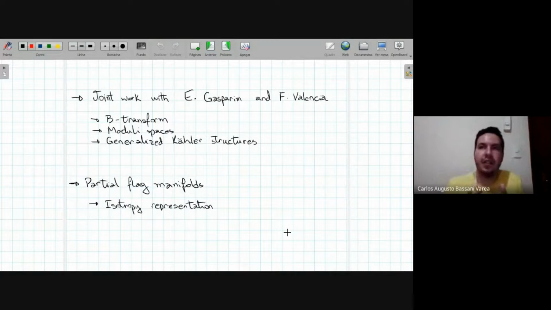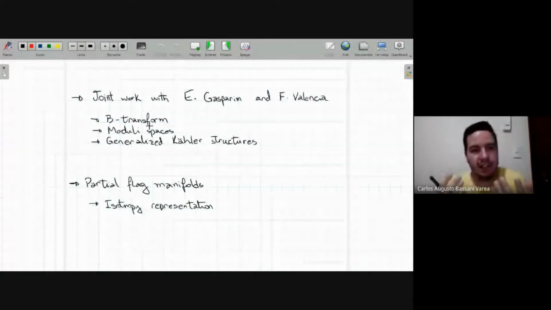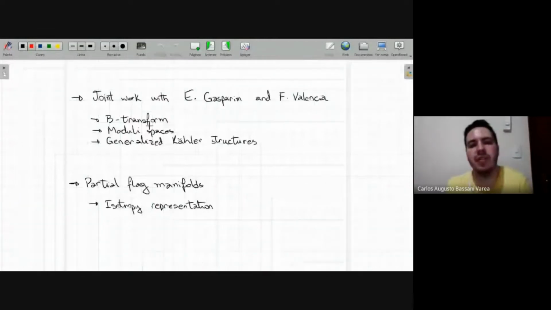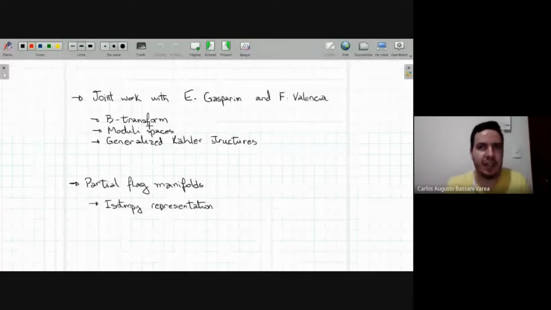In the second lecture, Professor Jorge Lauret asked a question about the symplectic type structures. In our joint work with Elizabeth Gasparim and Fabricio Valencia, we classified the invariant generalized complex structures on maximal flag manifolds up to B-transformations. One of the results is that the non-complex type is actually a B-transformation of a symplectic type.